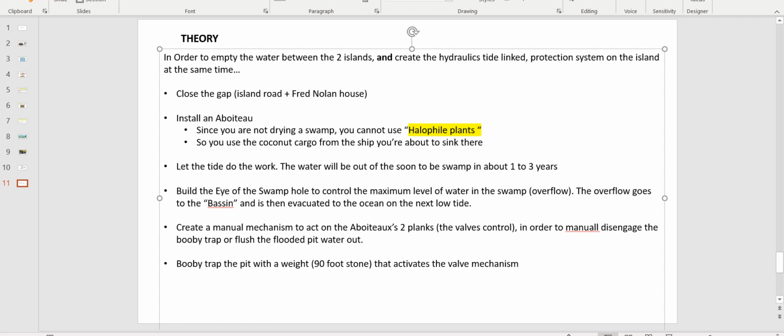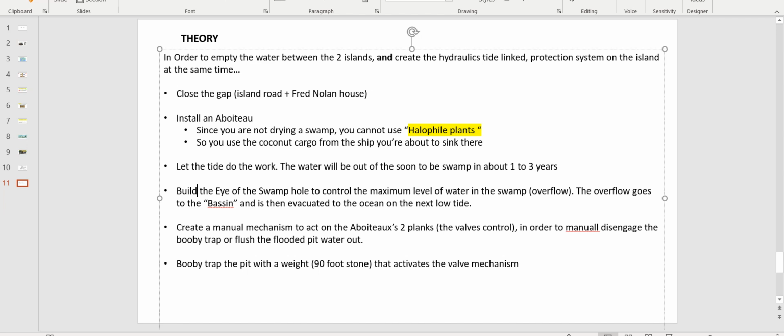Why pouring in? Because the abwato will let it, during the next tide, be dried out of the swamp, that extra water, and flush into the ocean. That's the basin again. There must be some tank, reservoir, something underneath the island that collects either extra overflow water or rainwater or whatever water that needs to be dried out with the mechanism of the abwato.